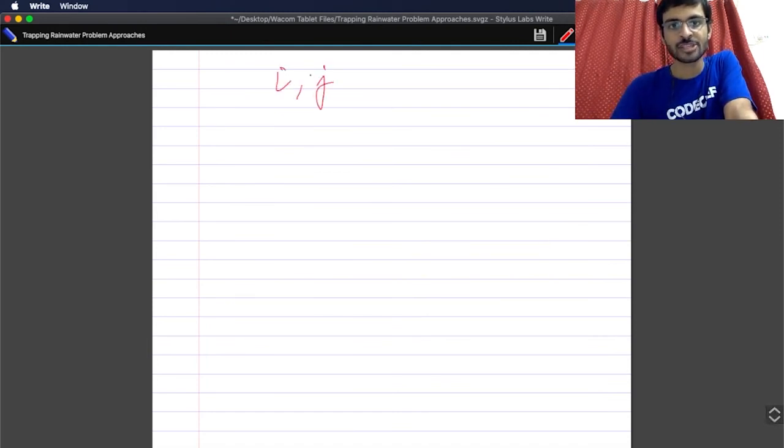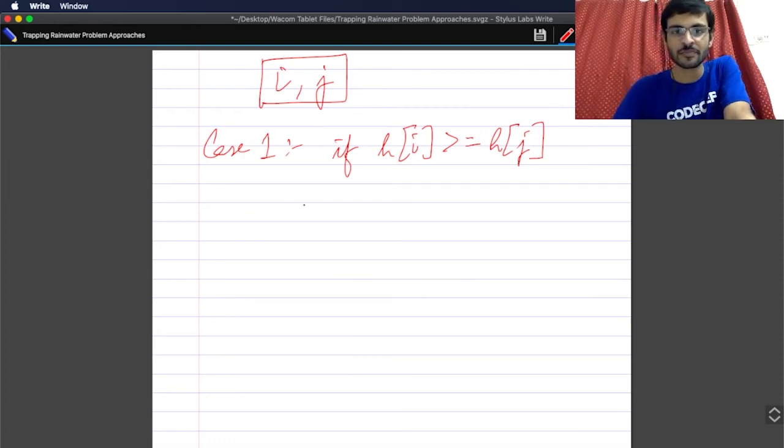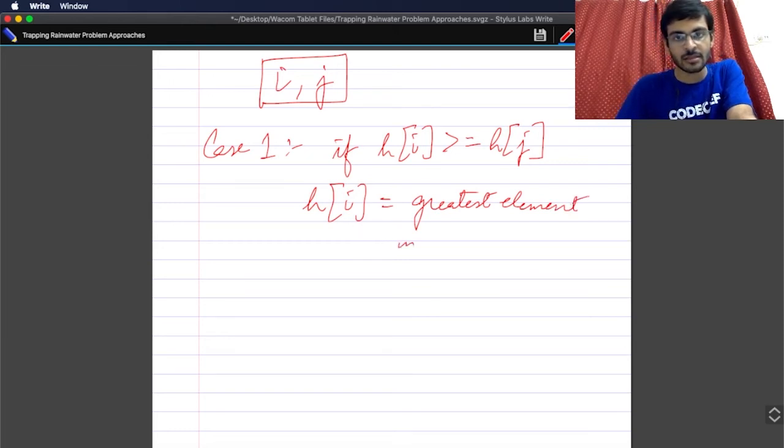We have i and j, these are the two pointers. Case 1 is if hi is greater than or equal to hj, or you can say greater, then hi is the greatest element in 0 to i union j to n minus 1.